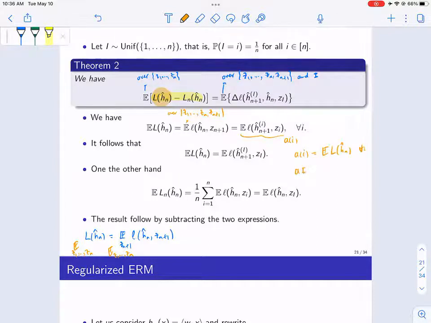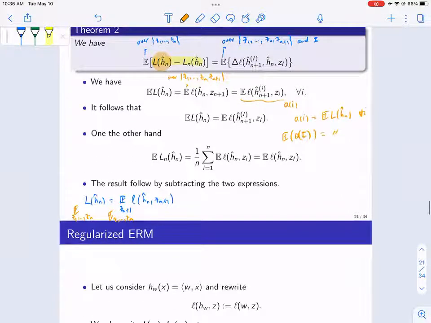So if I put i here and take the expectation, that will be again the same as this. I'm just plugging in i and taking the expectation. Again, because of independence, expectation is iterated expectation. So first you take the expectation over these, and then over i, so you can combine everything. Is it clear?